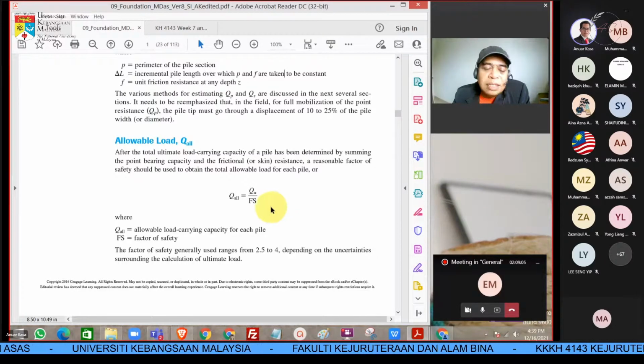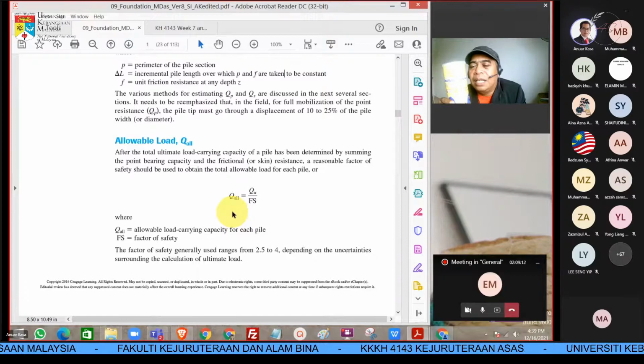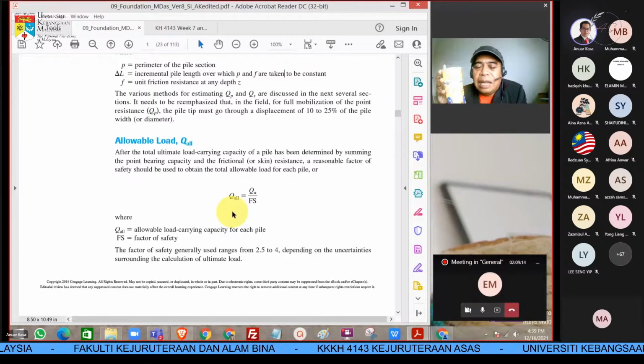In this case, it's the allowable load for the pile, meaning that it is the highest strength divided by the factor of safety, and that is what is allowable.